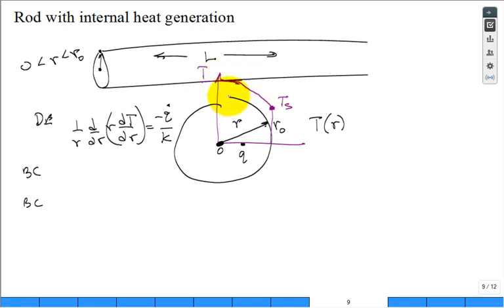The maximum is going to be at the location in the center. But I don't have a specified temperature boundary condition. I have a symmetry boundary condition such that the derivative of the temperature with respect to R at R equal to 0 is equal to 0. Where did that come from? From symmetry.